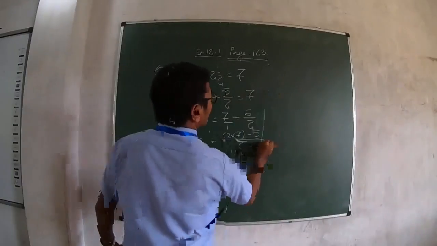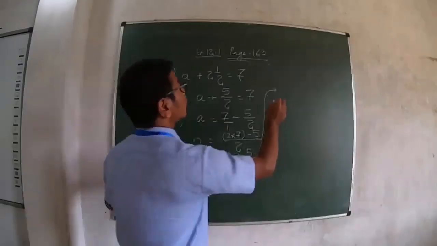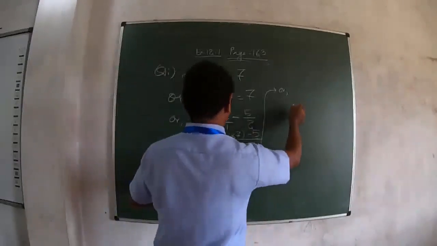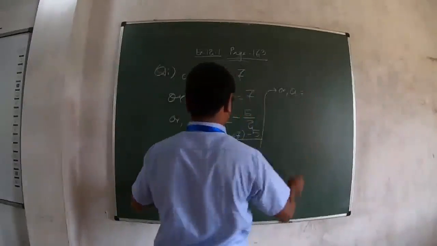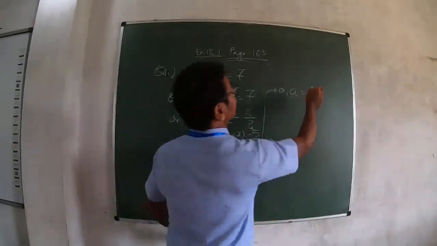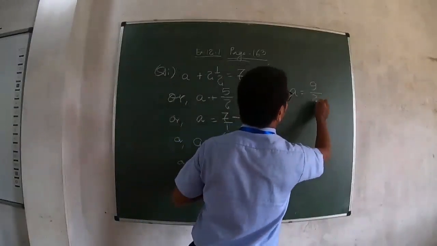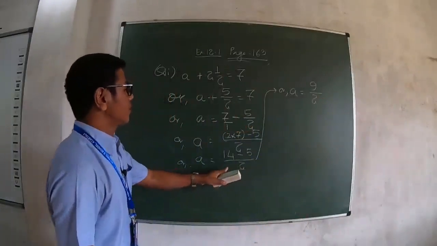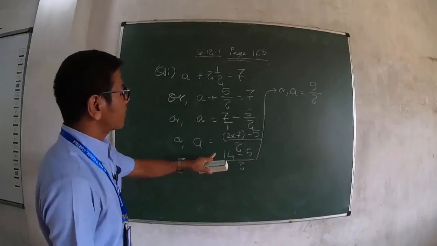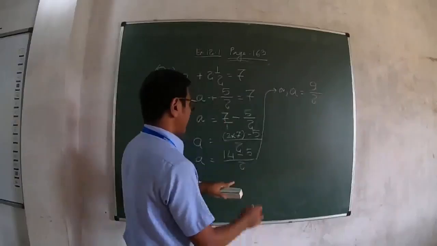I was doing here, children. Now what do we conclude? A equals to 14 minus 5 is 9, and 2 is the denominator. I repeat, 14 minus 5 is 9 and 2 is the denominator.